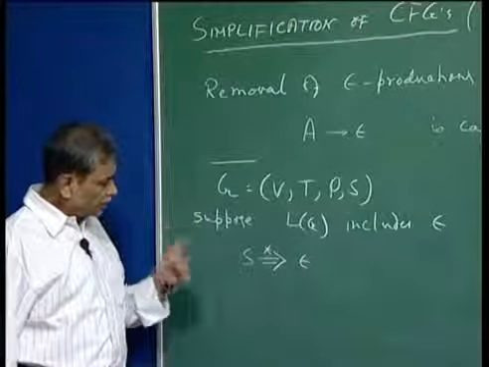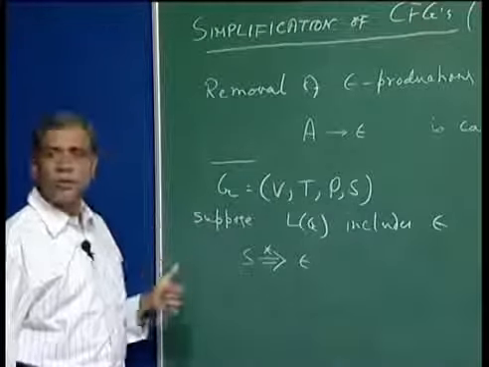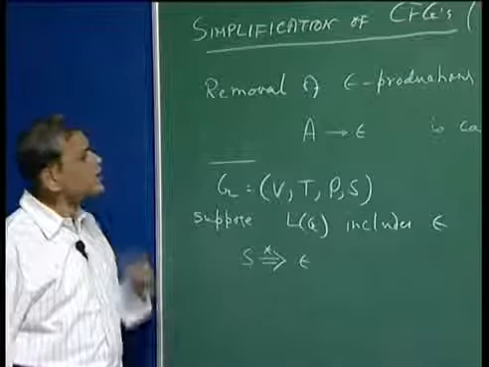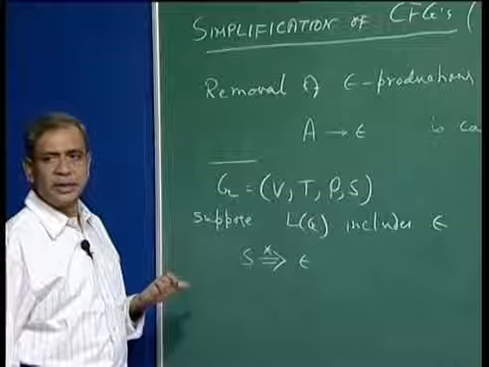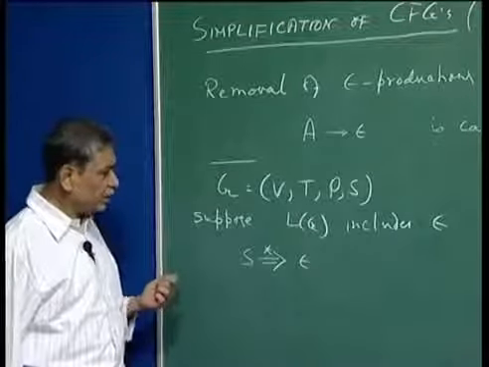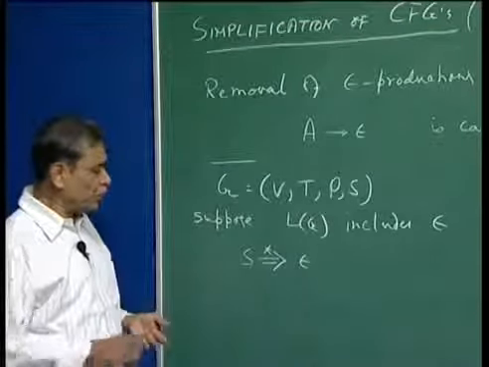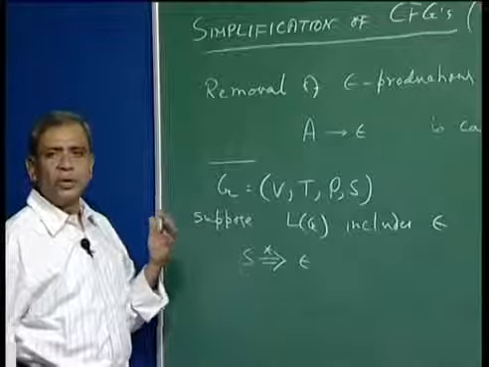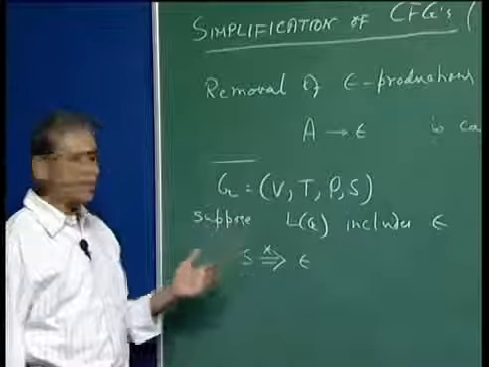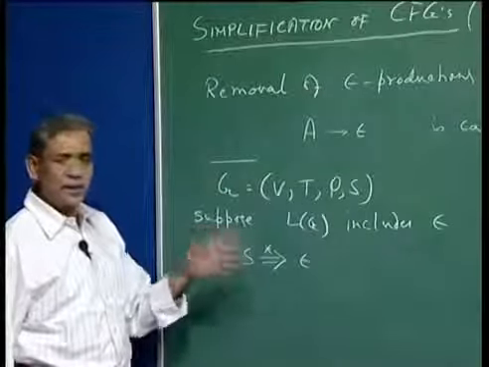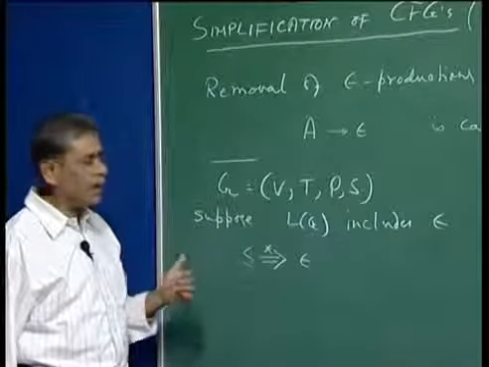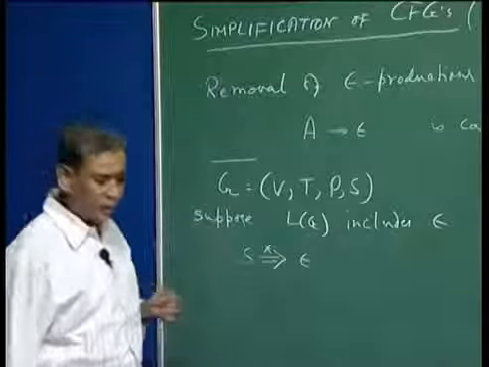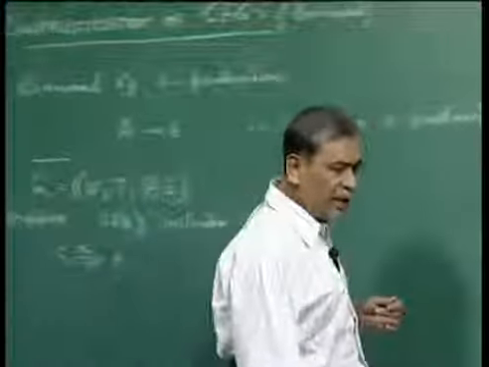This derivation is not possible unless you have epsilon productions, clearly, because somewhere down the line you must be able to remove all non-terminals that you have generated from S and substitute them by epsilon to ultimately obtain this empty string epsilon.